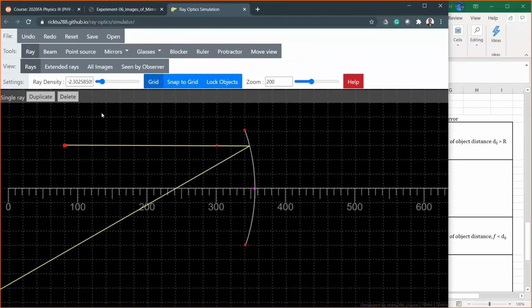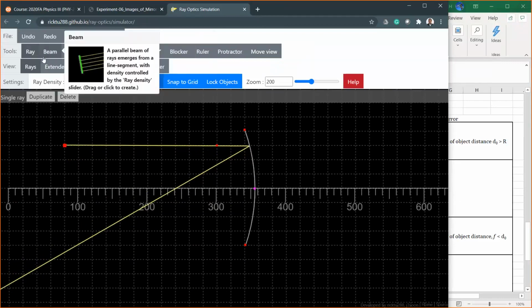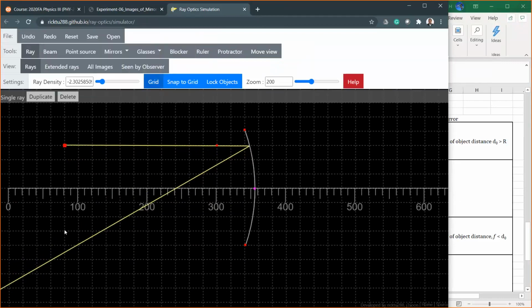Then all we need is at least one more ray. I'm going to click on the bottom here, on the other side of my principal axis, and one click creates the ray. Then you adjust this other dot, and you can see that when I adjust it, even if it is exactly parallel, the point looks a little bit away from the principal axis. That's maybe because our principal axis is not exactly where it's supposed to be, so I can readjust that a little bit.